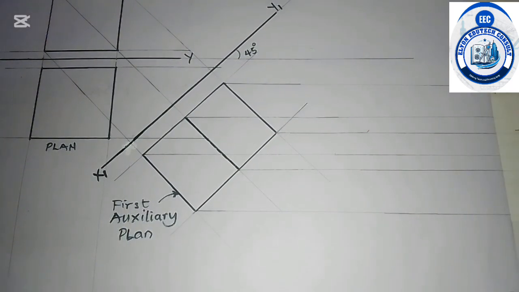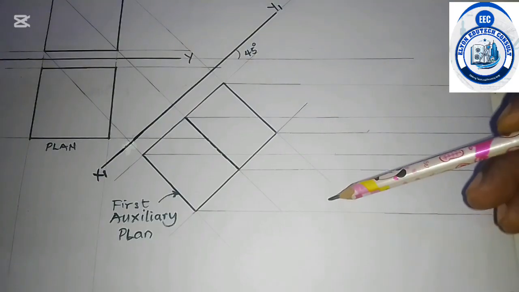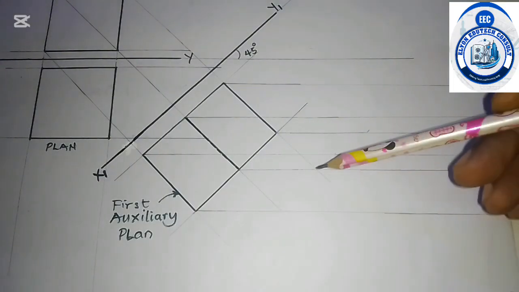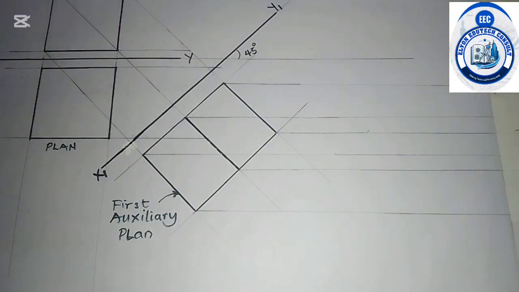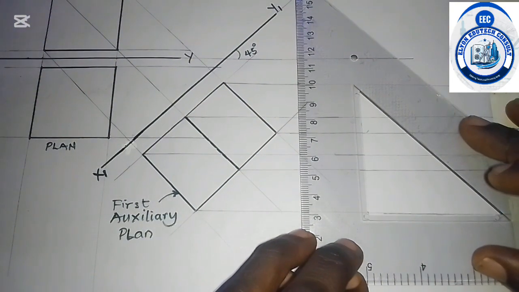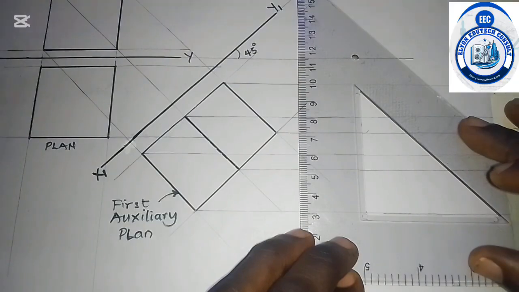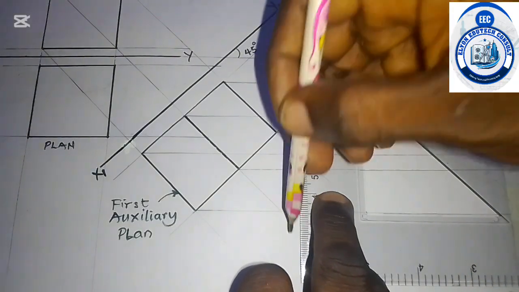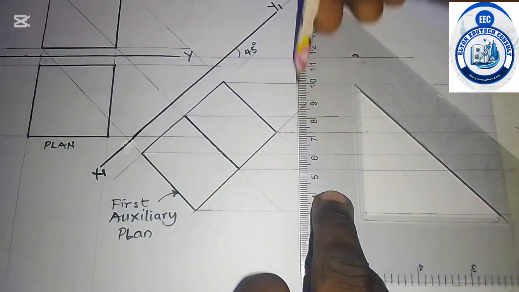To get the plane, it's going to be a perpendicular line, perpendicular to this projection line at 45. So I'm going to have it this way. I'll come this way, produce this up that way.